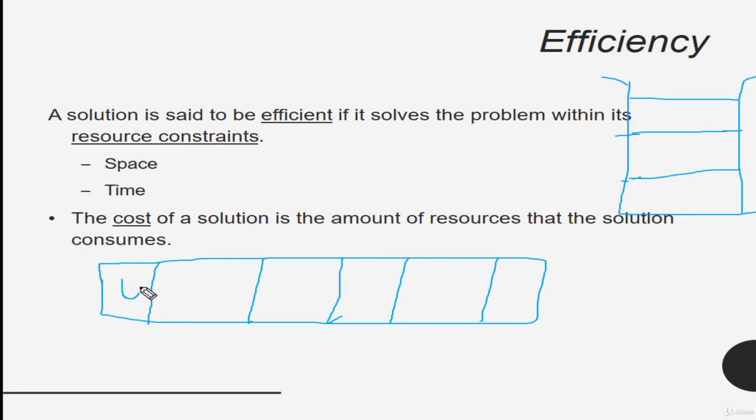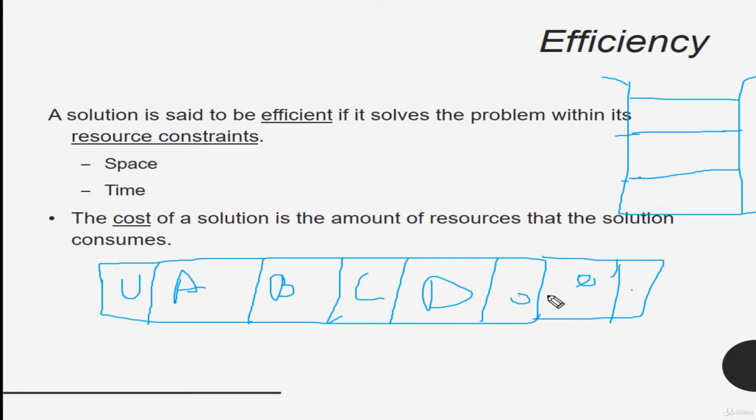Let's just see, we have U, A, B, C, D here, and one, two, or three fields are empty. These are our indexes; indexing starts from 0: 0, 1, 2, 3, 4, 5, 6, and 7.